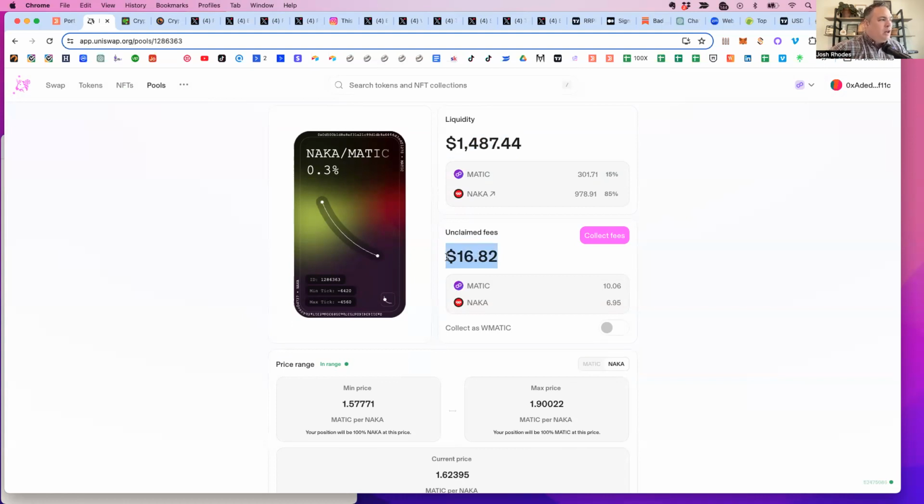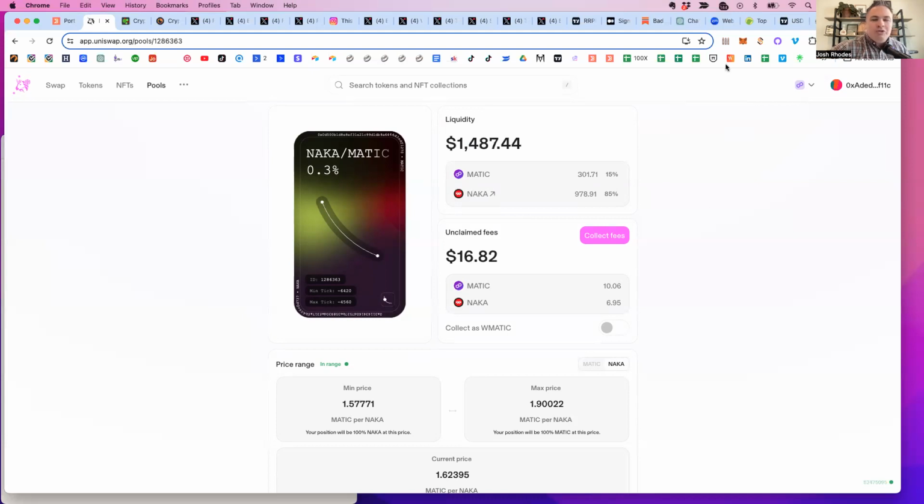Impermanent loss, to be really simple, is when you have two tokens that each have their own price and their own movement independently of each other, like these two. Nakamoto Games could go up 20% and Matic could go up 200%.